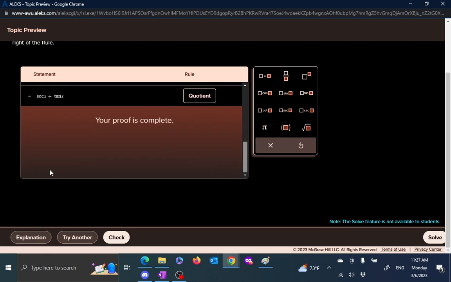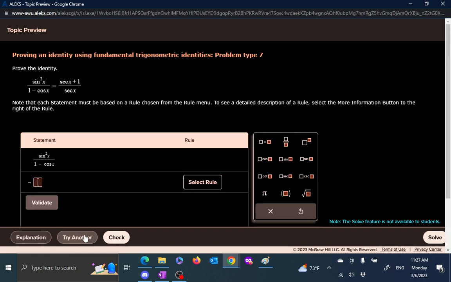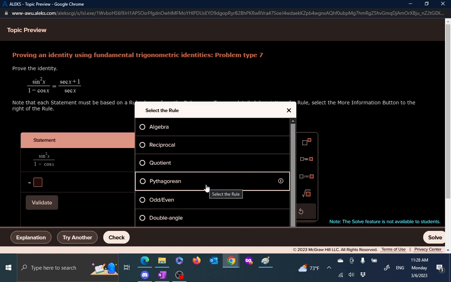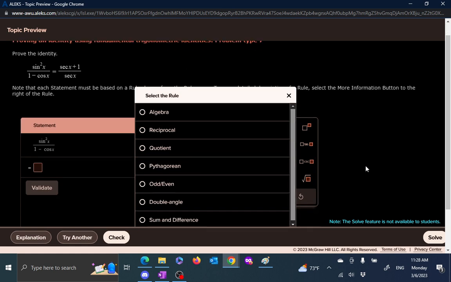You can try more problems here, and let me just mention something. In the list of rules that we have here, you see some new items.